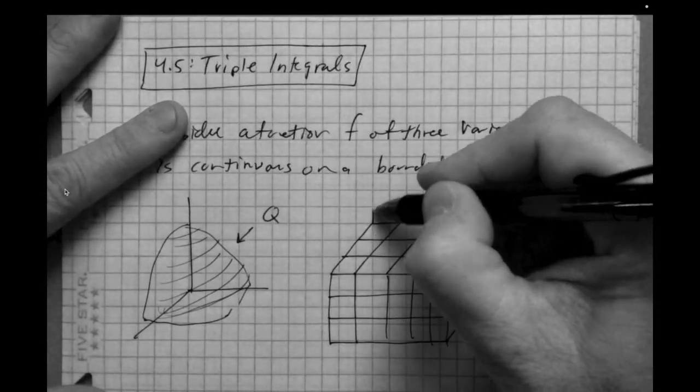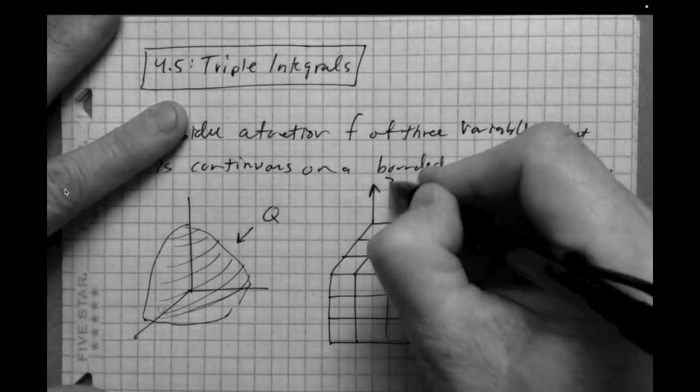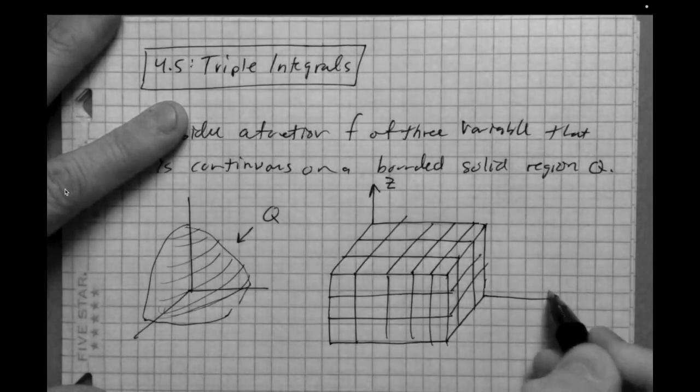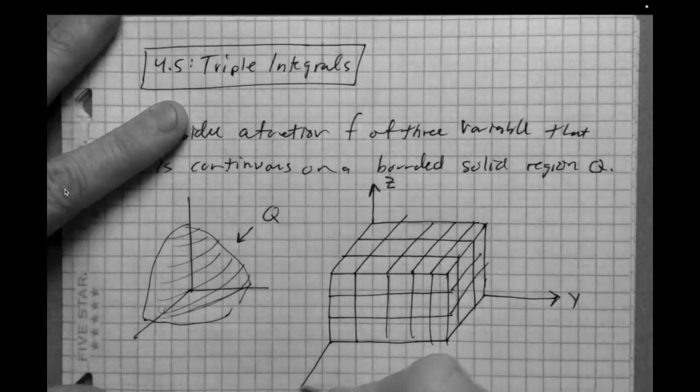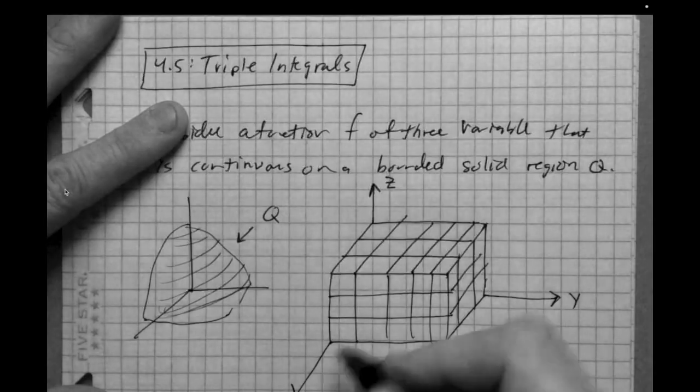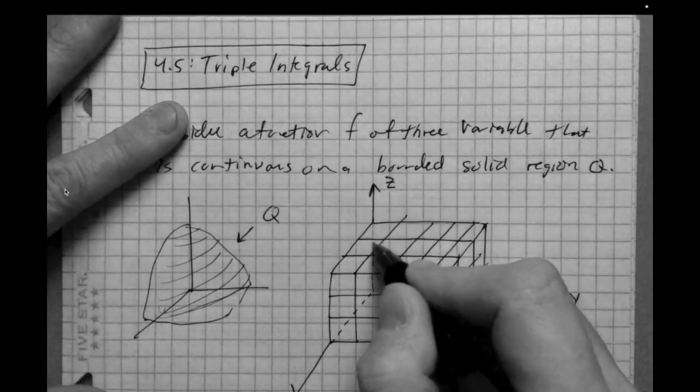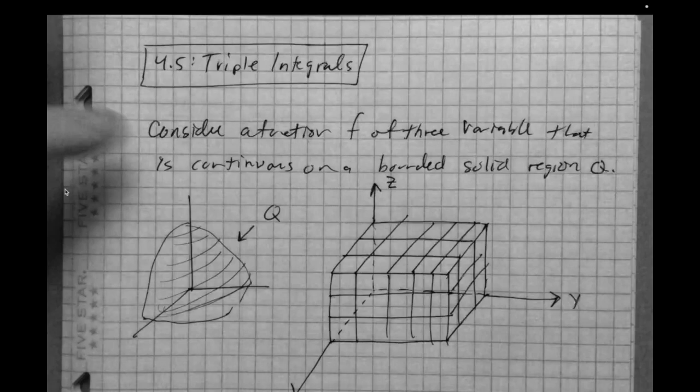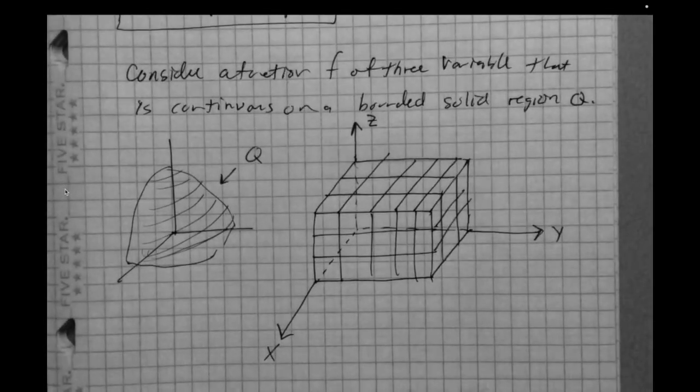Let's say this thing resides in our XYZ coordinate system here. You can imagine these all come together here at the back. So this is our three-dimensional grid.